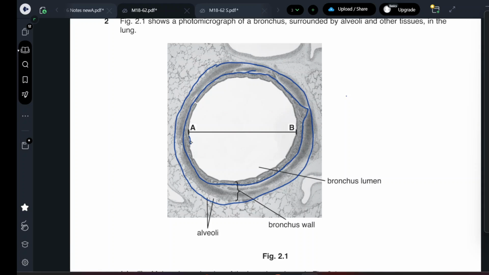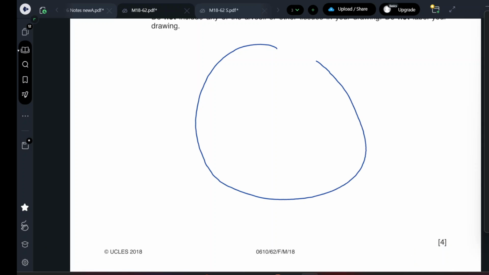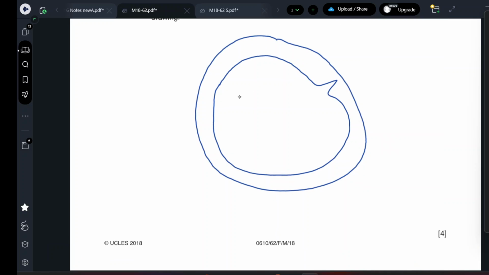The inner layer is very thin, double lines, thin double lines, but take care that it is opened from here. So you have to make a break also from here. You can do these 2 breaks. But what am I going to draw is the oval structure, the inner layer, which is triangular, the middle layer, and double lines with a break.